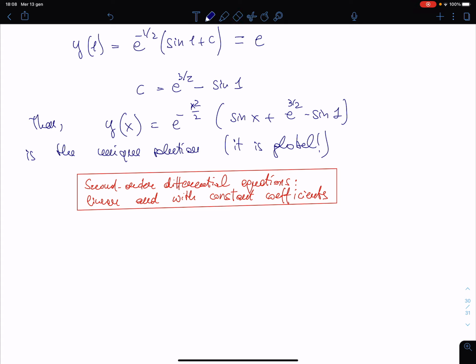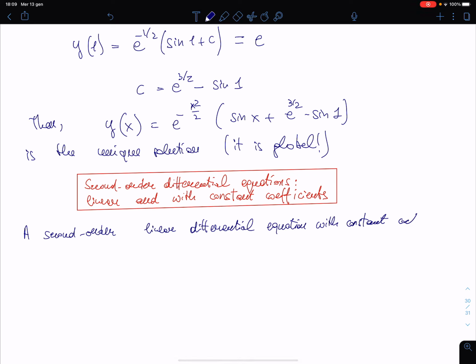So a second order linear differential equation with constant coefficients is an equation of the following form.